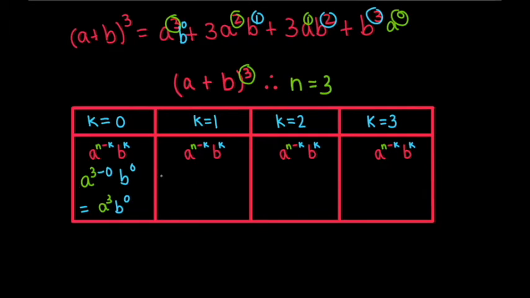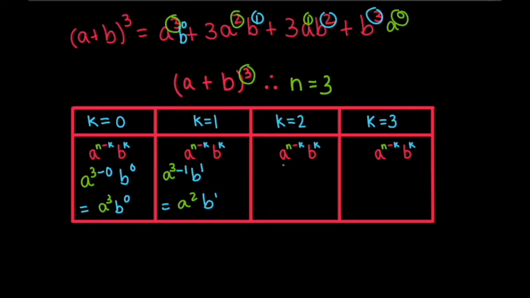Cool. And then the second one, we have a to the power of 3 minus 1, b to the power of 1, which is the same thing as a squared b to the 1. Cool. So far, so good.